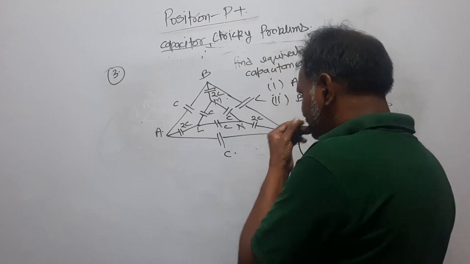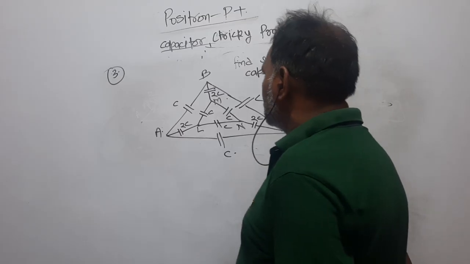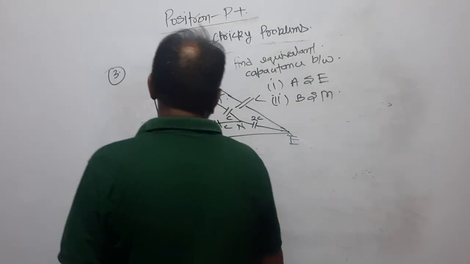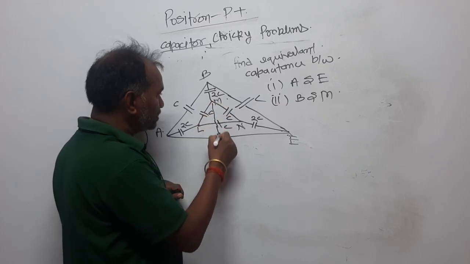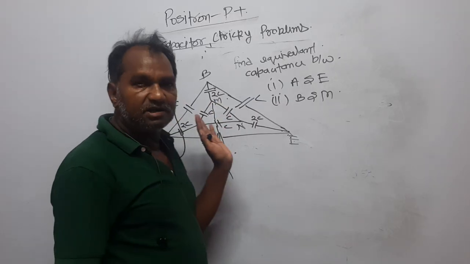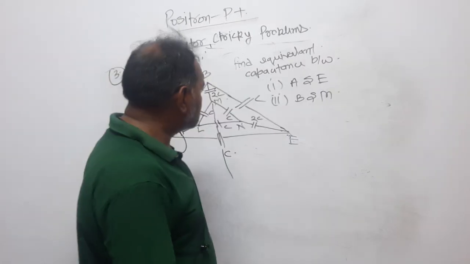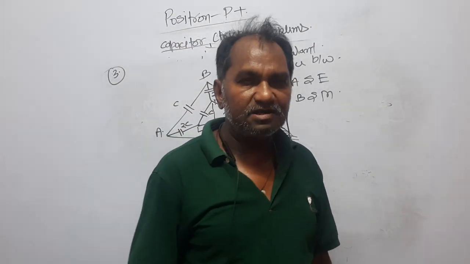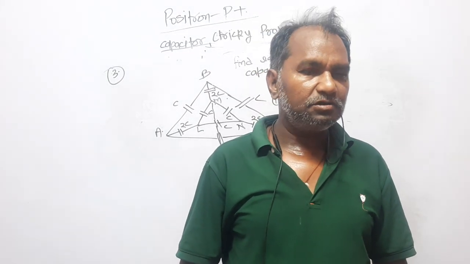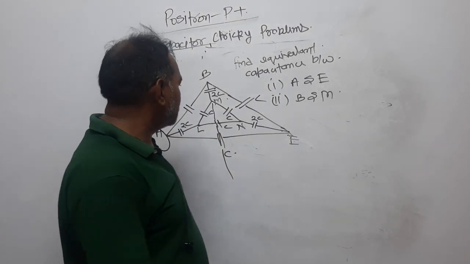Now first, we have to find the equivalent capacitance between A and E. If you draw a perpendicular bisector, dear students, look here: whatever is on the left is the same on the right. The two sides of the circuit, left and right, are mirror images of each other, so you can apply mirror symmetry.